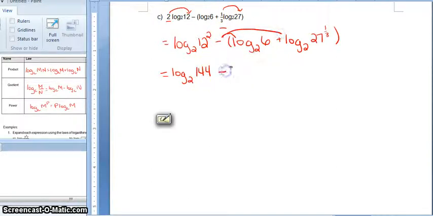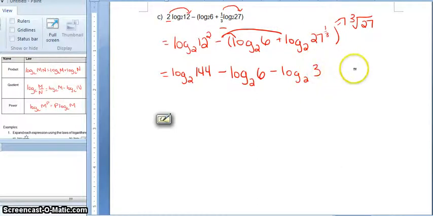So we have subtract the log of base 2, 6. And then remember we're going to distribute that negative, so we have subtract the log of base 2. And if you take the cube root, which is what that 1/3 there is saying, the cube root of 27 is actually equal to 3.